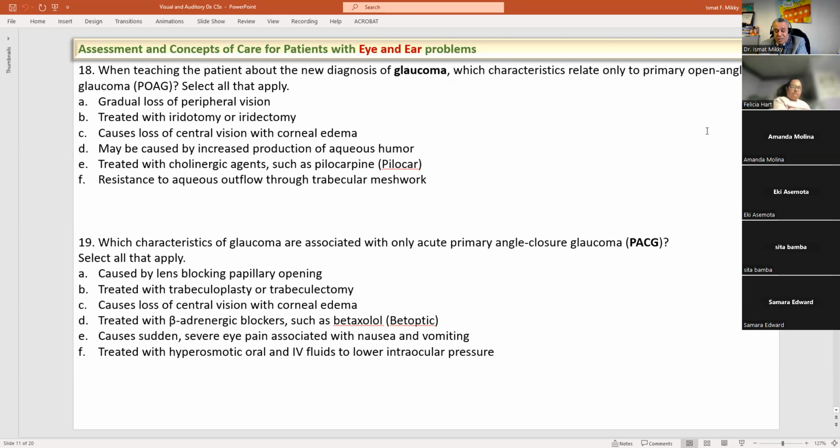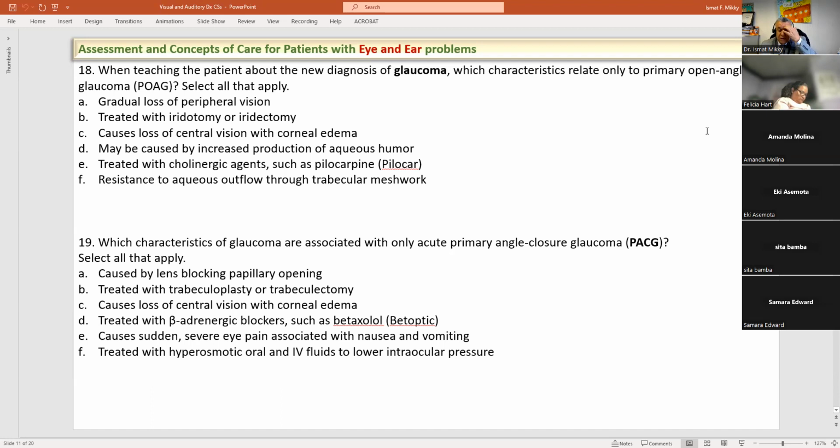E, sudden severe eye pain, because remember, with open angle the patient did not have any pain in the eye. Now here, there is ophthalmic pain with angle closure, because the IOP is extremely high, higher than 50. So A, C, E, and then F.